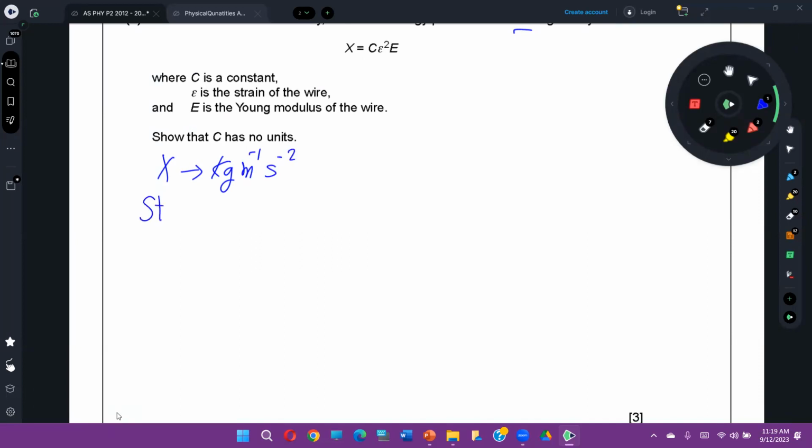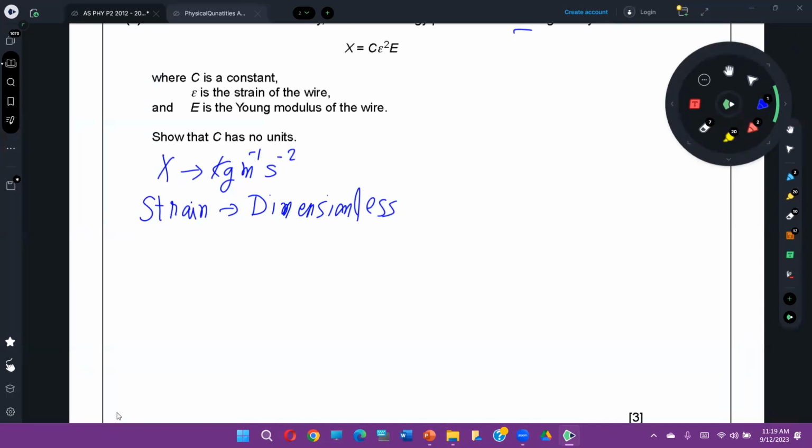Then I put strain, and gradually you will build up this memory. Strain is dimensionless. So gradually you will update your memory and learn these units.